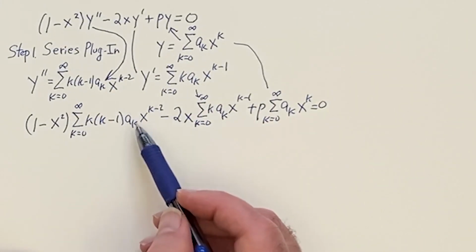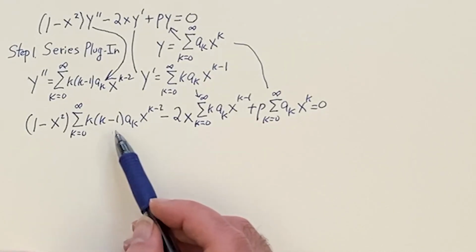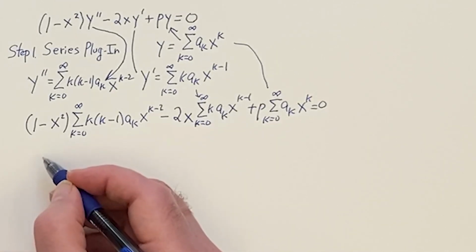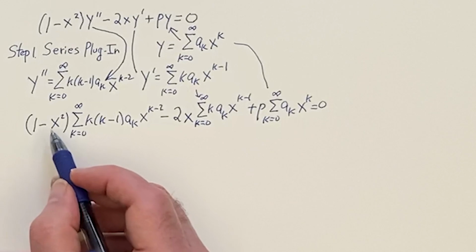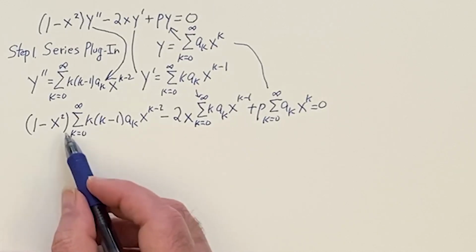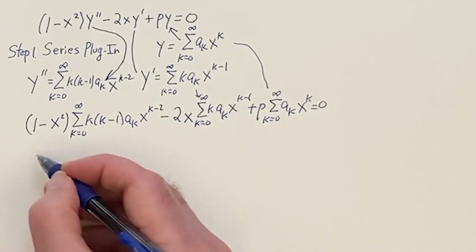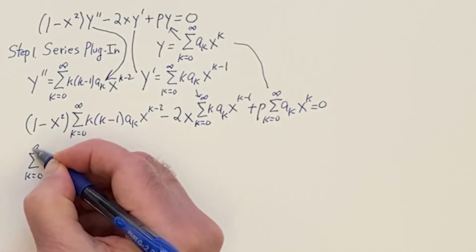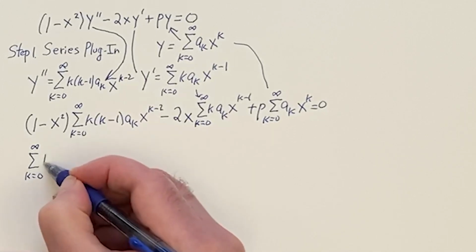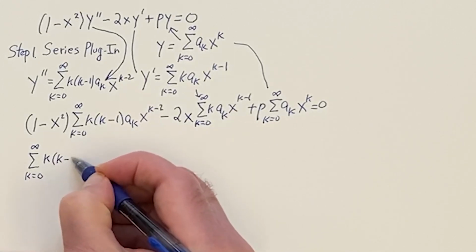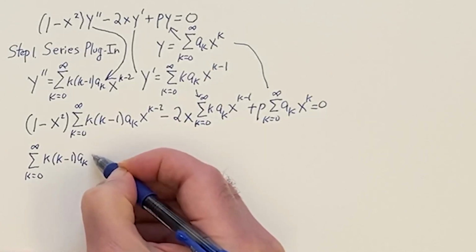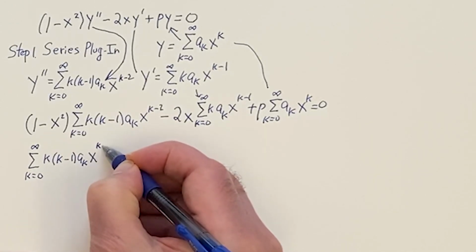Now, as part of this step, what I would like to do is, for this piece, put the x inside. And for this piece, put the x inside. So I'd rather have here all the x's combining with the x's. If I do that, this first one, k going from 0 to infinity, will be k times k minus 1, a sub k, and x to the k minus 2.